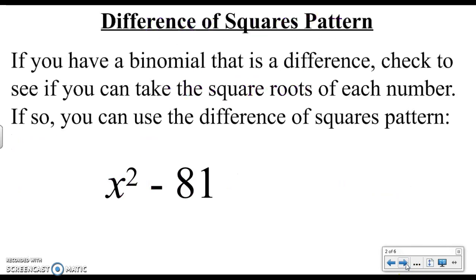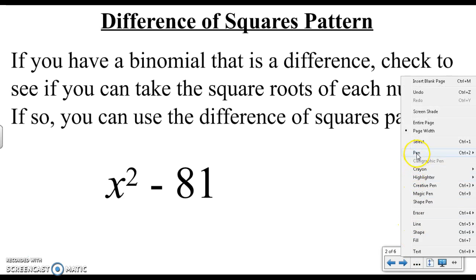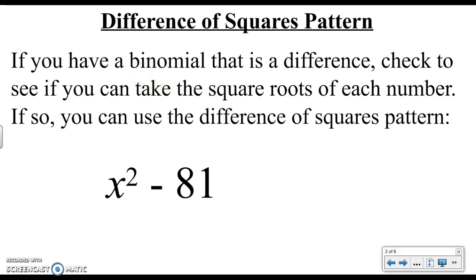So the difference of squares pattern shows up when you can actually take the square root of both terms. Okay, so if you have a binomial, remember binomial means two terms, and then it has a difference, so subtraction, so two terms and subtraction, check to see if you can take the square root.